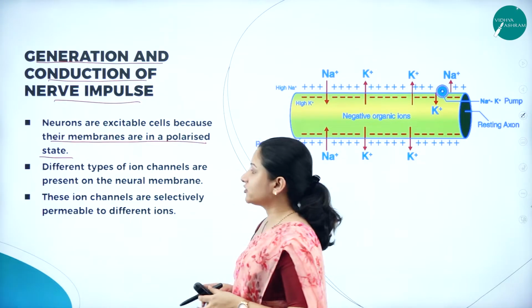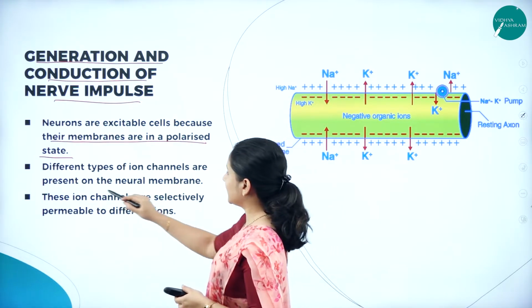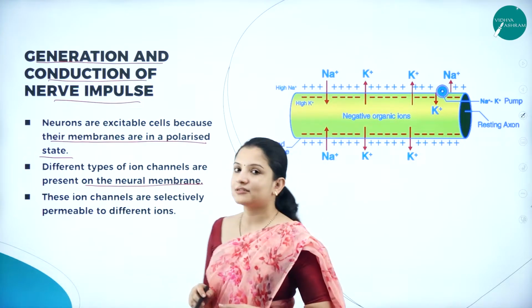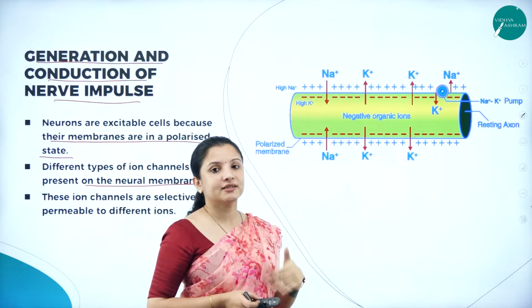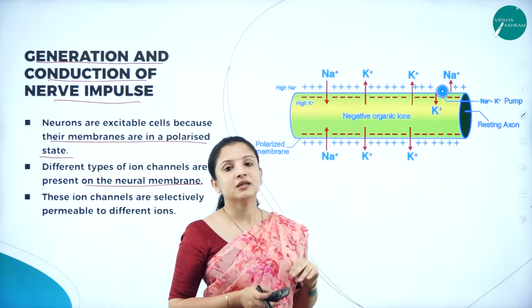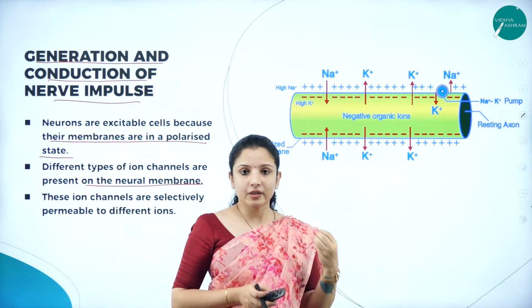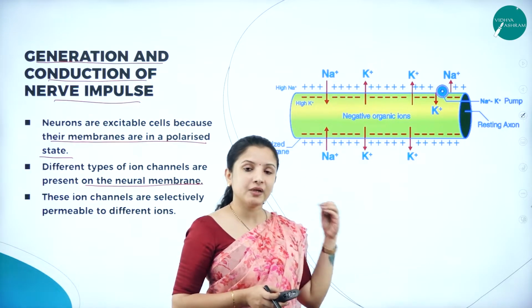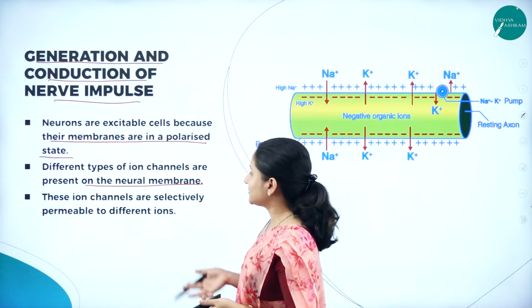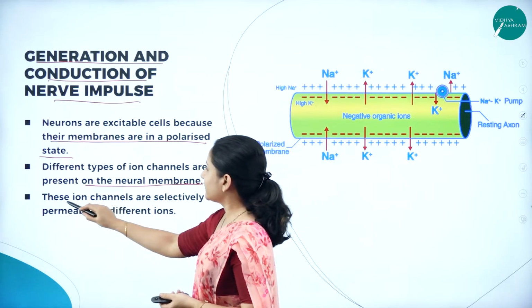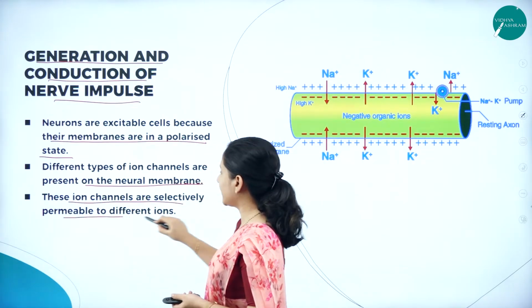Different types of ion channels are present on the neural membrane. You can see different types of ion channels. There are positive charges, and in a few regions, depending on the sodium and potassium ions, they can be negatively charged also. These ion channels are selectively permeable to different ions.